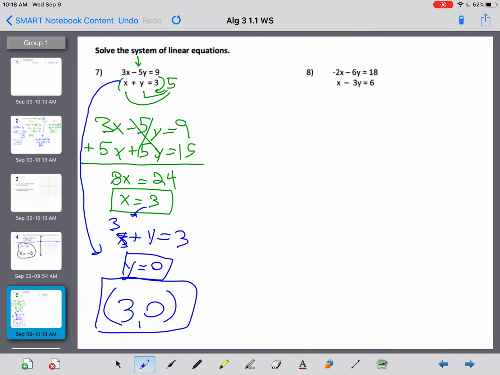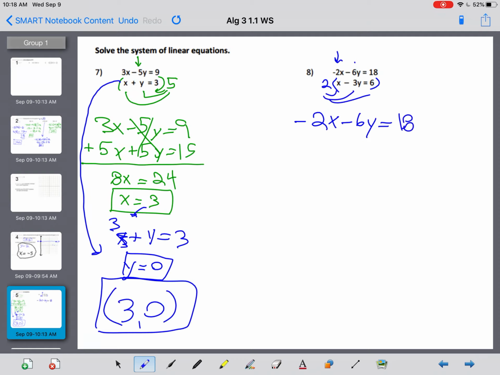Similarly over here, I got negative signs for the y's. I got a positive and a negative, so I'm going to work here. And if I multiply by 2, I'm going to get a cancel out going on. So I'm going to rewrite the top equation, or row 1 as it's sometimes referred to.